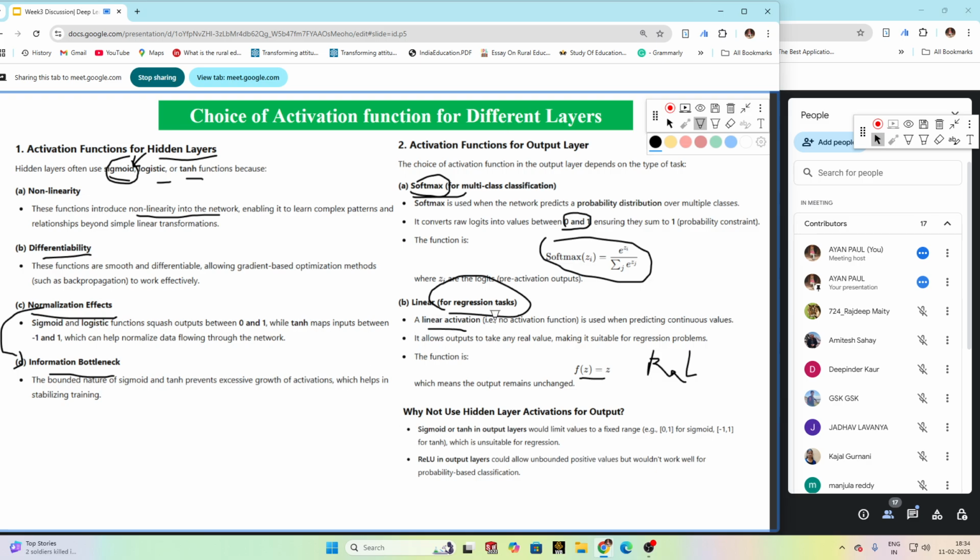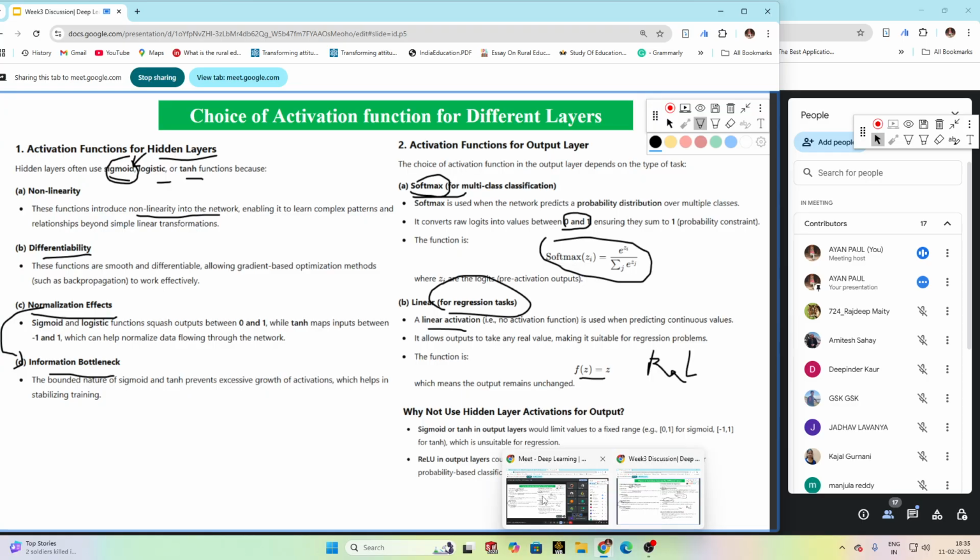ReLU can be used for a regression problem, but it cannot be used for a classification problem. So those are the reasons why we do not use sigmoid or tanh in the output layer, and why we don't use the linear function in the hidden layers.